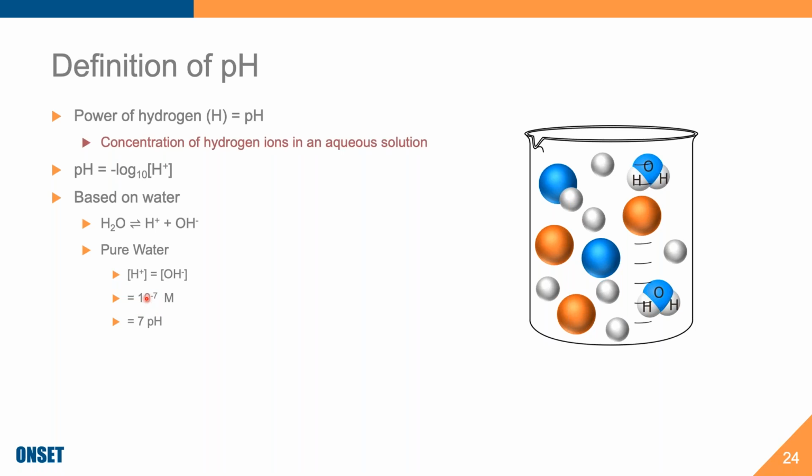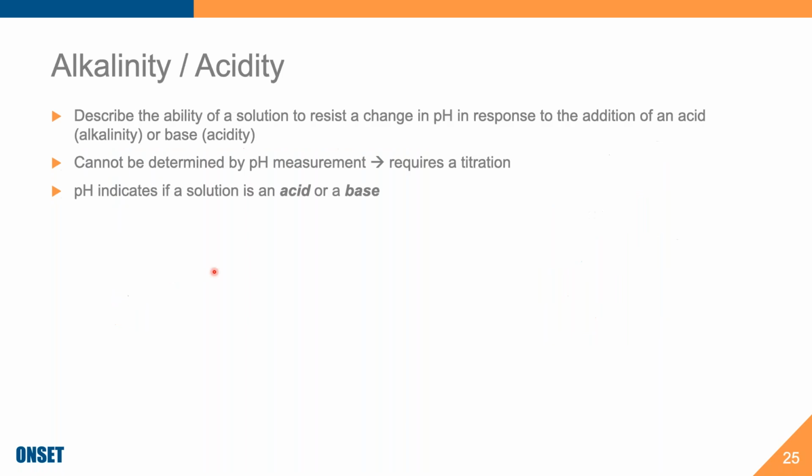Okay, great. So the main thing that we're going to focus on is concentration of hydrogen ions in an aqueous solution. And one note to remember, kind of a nota bene, is the difference between alkalinity and acidity versus acid or base.